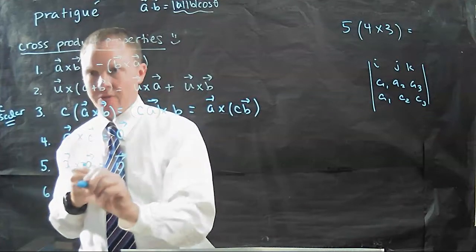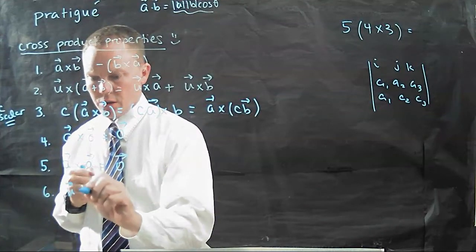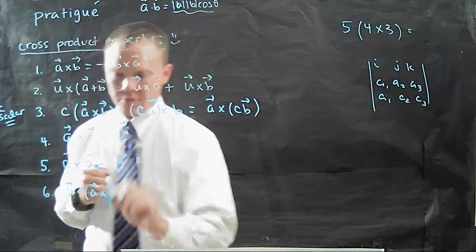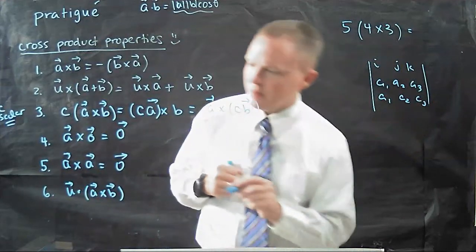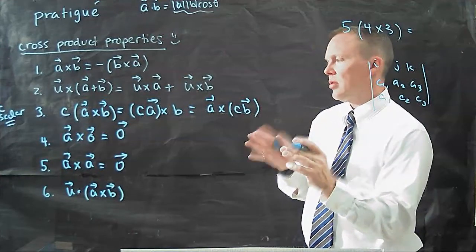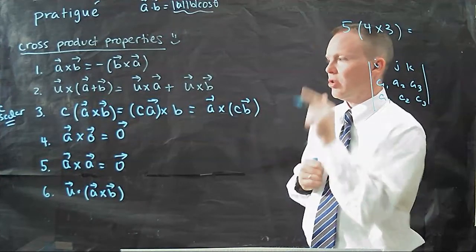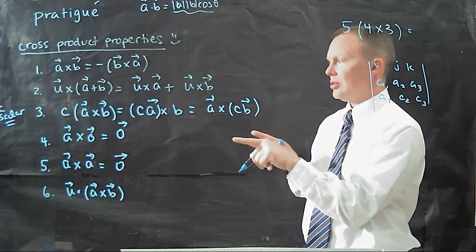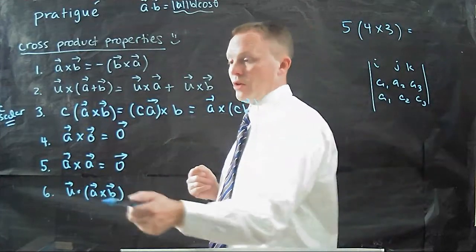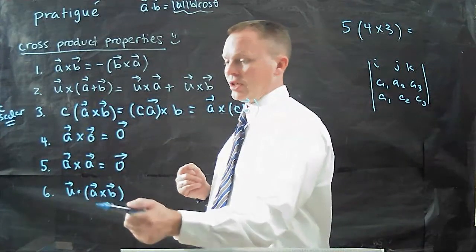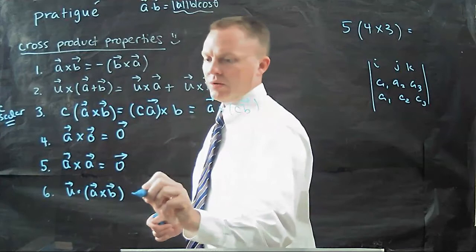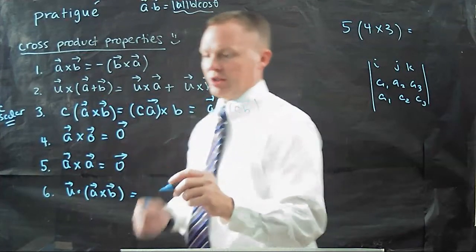Okay, so what if I have U dot A cross B? First of all, is it going to be a vector or a scalar? A scalar. Very good, because you take two vectors, cross them, and then dot them with a third vector. It turns out that it doesn't matter which order you do this in.